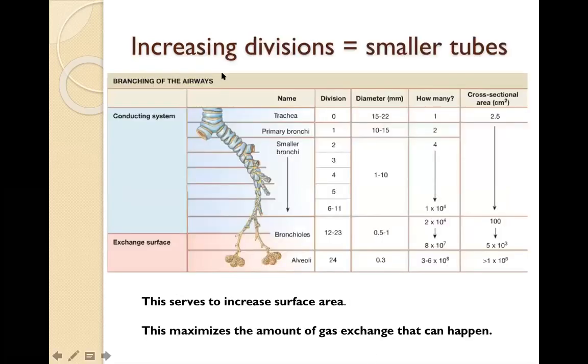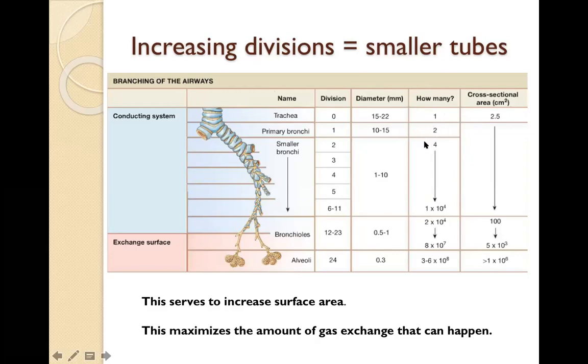As you get smaller and smaller airways, with each division you get smaller tubes, but more and more tubes for the air to go down. There are around 23 or 24 divisions within the bronchial tree, and you can see how quickly that number adds up. You go from the trachea to the primary bronchi, there are 2 of them, to a split that's now 4.